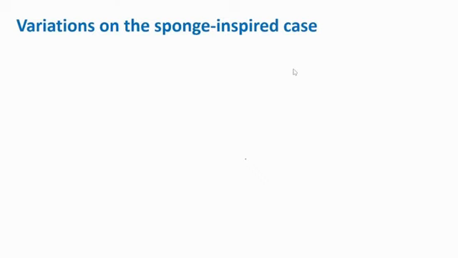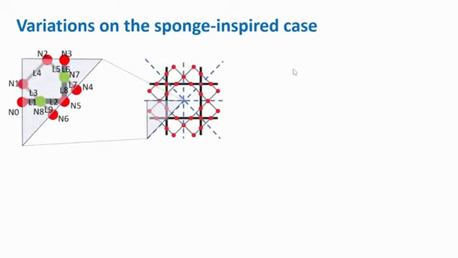The other case is the variations on the sponge-inspired case. Starting from the sponge-inspired design, we take the smallest basic element, which is the triangle. We enumerate each node, and we enumerate each beam.